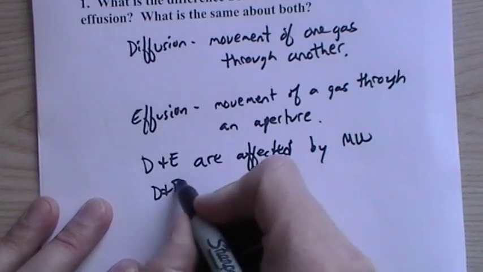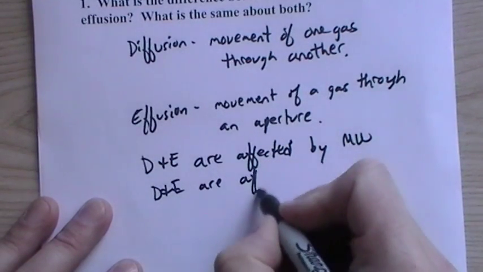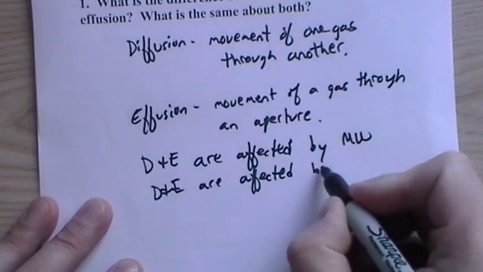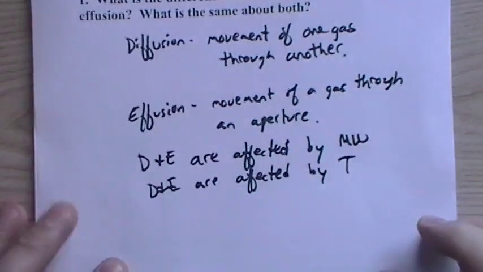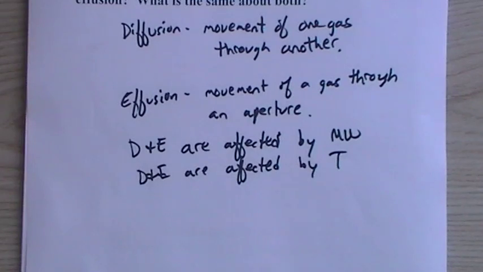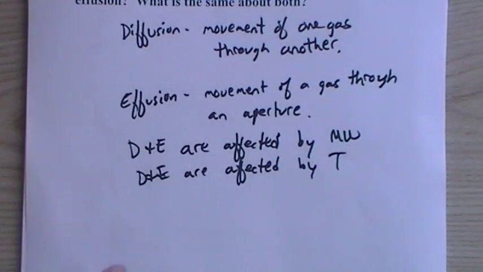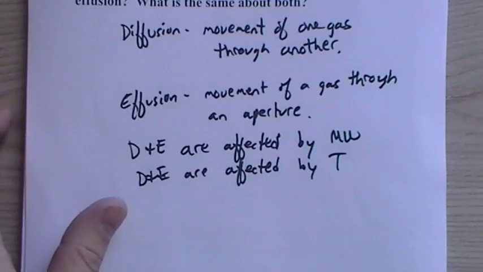And diffusion and effusion are affected by temperature. The hotter a system, the higher the temperature, the faster the molecules are moving, so the faster they're going to move either through a gas or through an aperture. So there are things that are the same and things that are different.